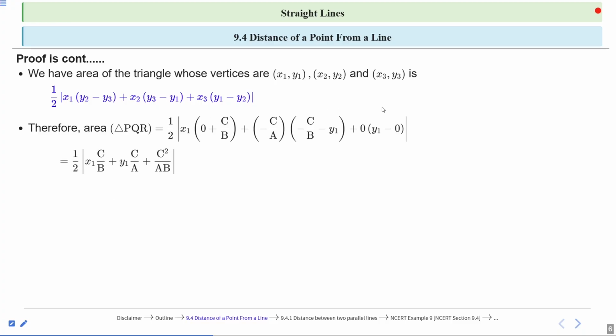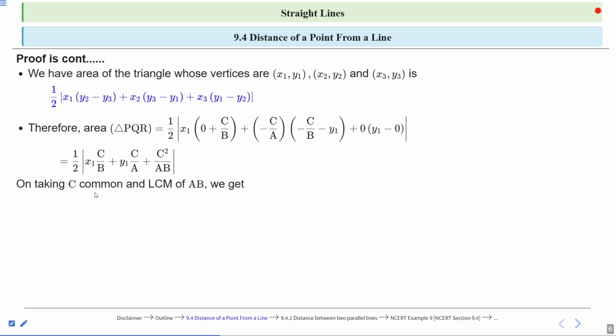Now if we simplify this, we will obtain 1 by 2 modulus of x1 times c over b plus y1 times c over a plus c square divided over ab. Then further simplify it.